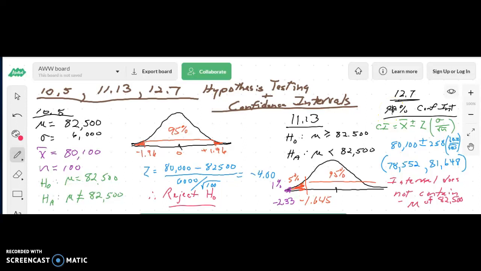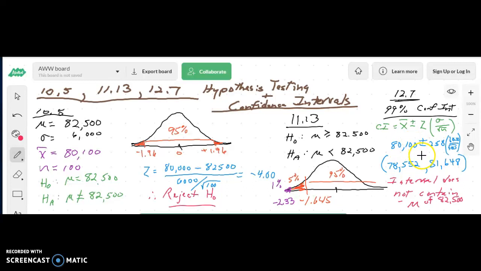And if we look in the back of the book, the value that gives us an area of 0.005 in this point here, and 0.005 to this point, is 2.58. So that is our 99% confidence interval z-score. And then again, I'm multiplying this to the 6,000 divided by square root of 100. All of this then again is being added and then separately subtracted from 80,100.